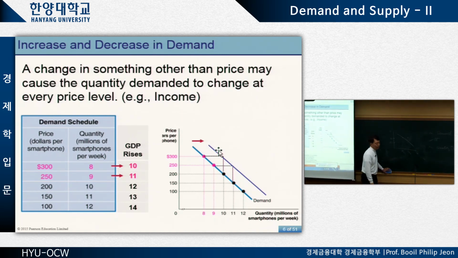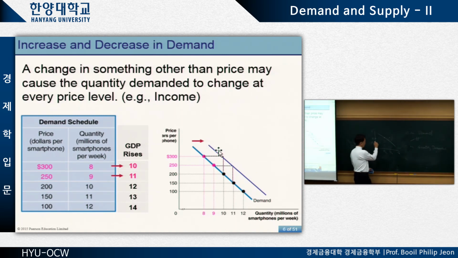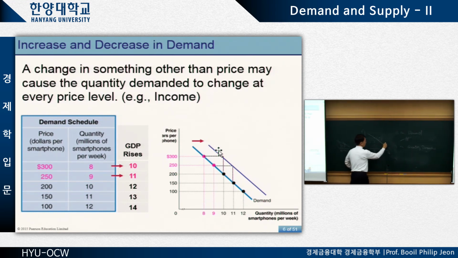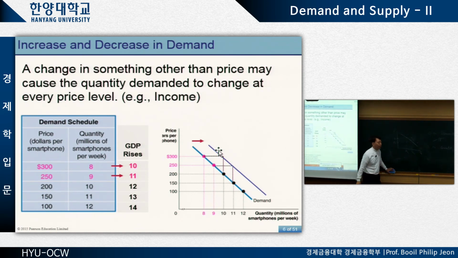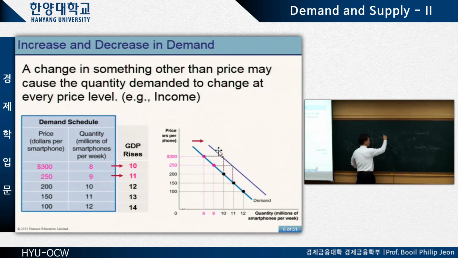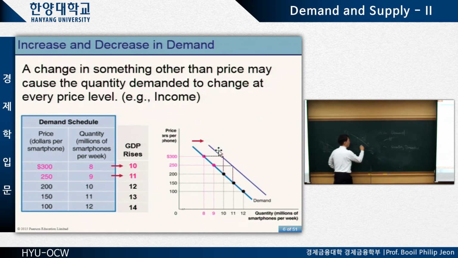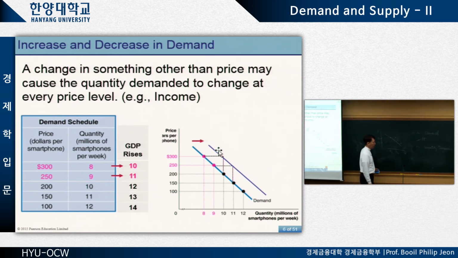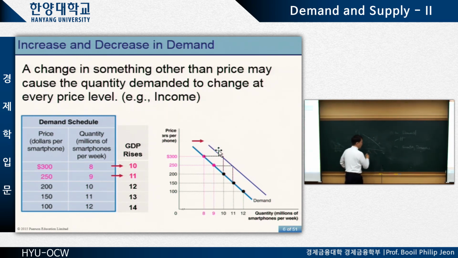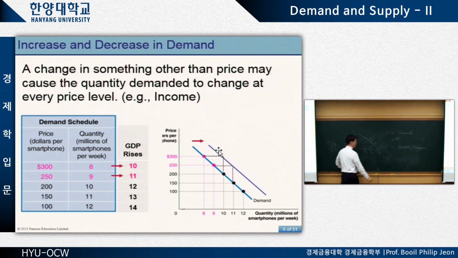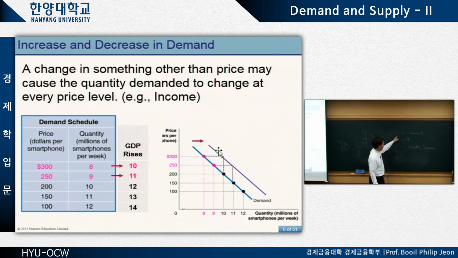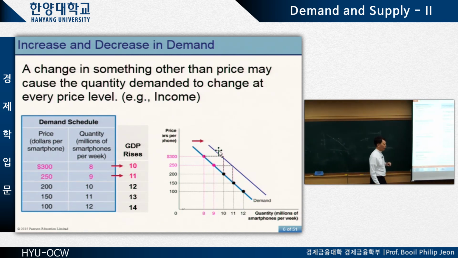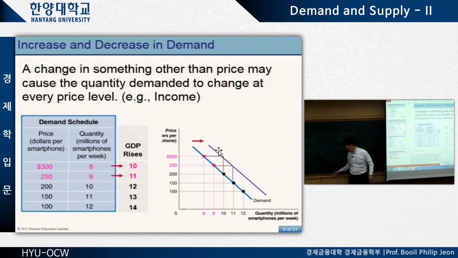If the price was $50 or $100, at different prices the quantity demanded is larger than before. Then it's like we have a new demand curve. So this was the original demand curve and this is the new demand curve. This is what we call change in demand rather than change in quantity demanded.